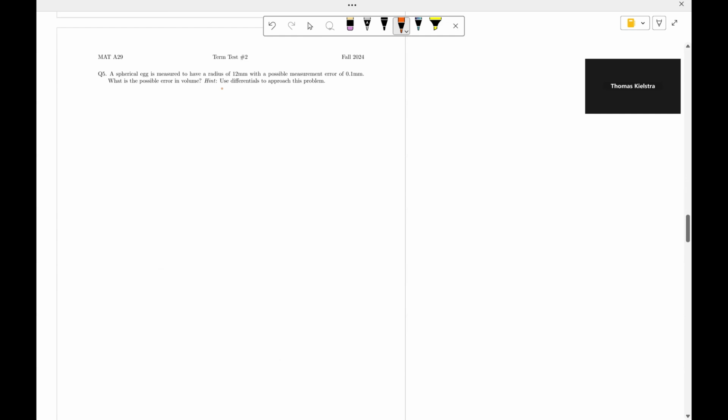We now have a differential problem, and we're given a spherical egg, okay, with a radius of 12 millimeters, okay, and we have a measured error of 0.01 millimeters. So that means R equals 12 millimeters, and dr could be up to 0.1 millimeters.